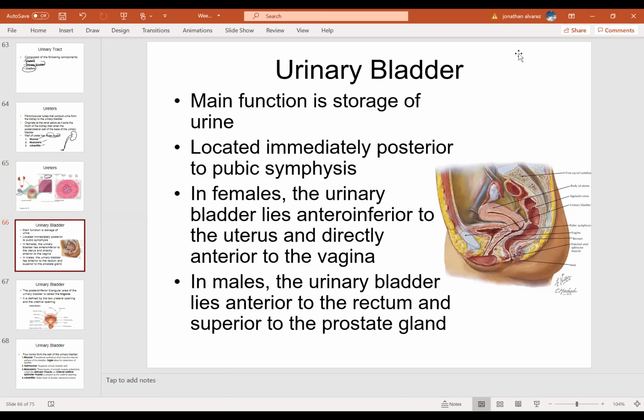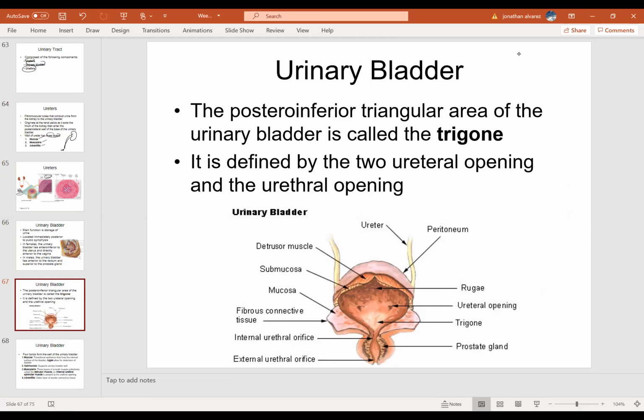Okay, the urinary bladder is a temporary storage site for urine. Okay, you can see it right there, the urinary bladder. Okay, so we have what's called the trigone area.